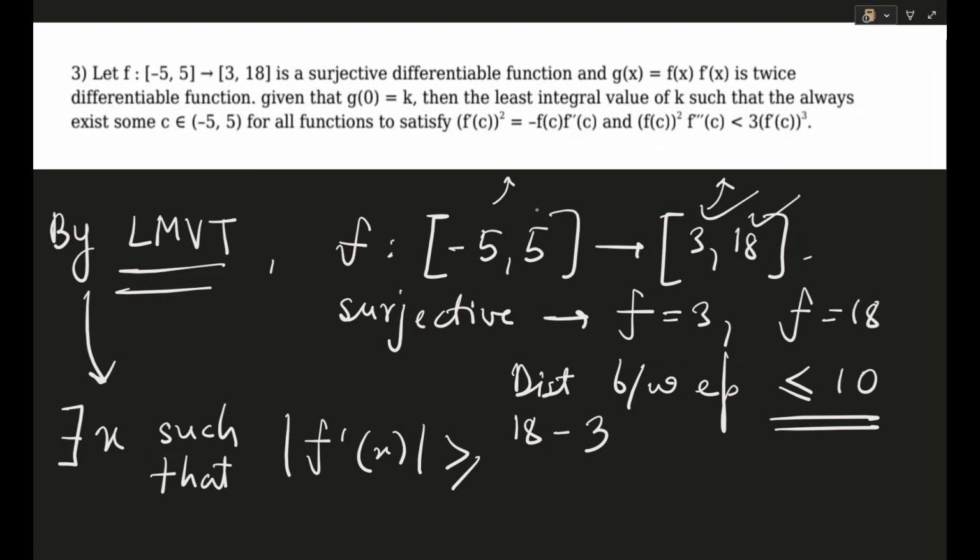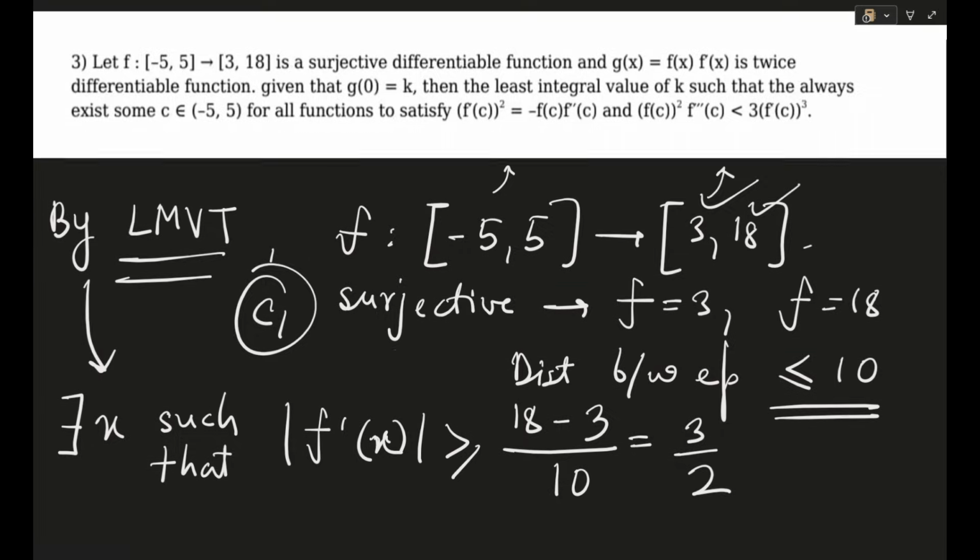We are applying, like the last one that I rubbed out, the C1 that I took, we are applying it in between minus 5 to 5. I have not written C1, I am directly writing x here. So f dash x will be greater than or equal to 18 minus 3 whole divided by 10, which is equal to 3 by 2.